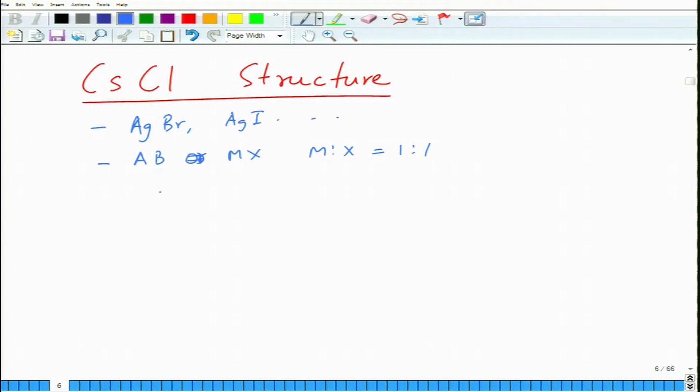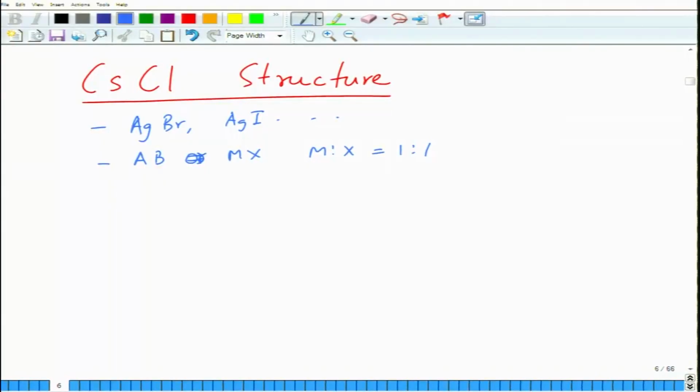These materials also turn into rock salt structure at higher pressures, but at lower pressures they remain as a cesium chloride structure, and a lot of halides adopt this kind of structure, bromides, iodides, chlorides of basically larger ions, the ions which are bigger, which require larger coordination.